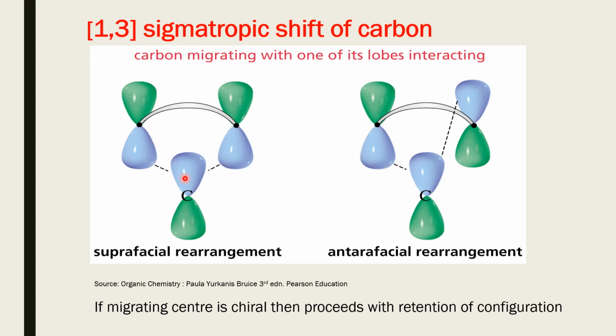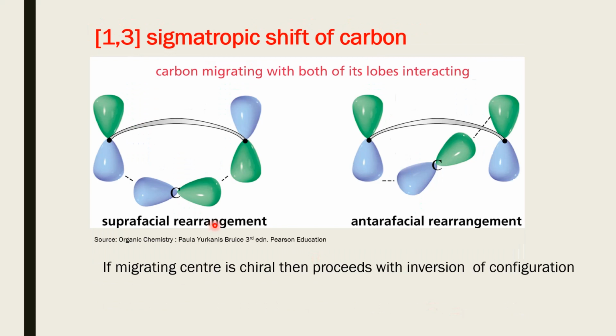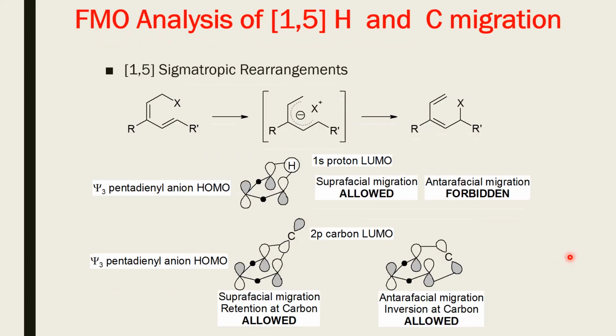If it was suprafacial, antarafacial is not possible because of this overlap being on the opposite faces. So if the migrating center is chiral, then it proceeds with retention of configuration. However, if it makes use of both the lobes, it could also be like this, then this becomes antarafacial migration. And if the migrating center is chiral, then it proceeds with inversion of configuration.